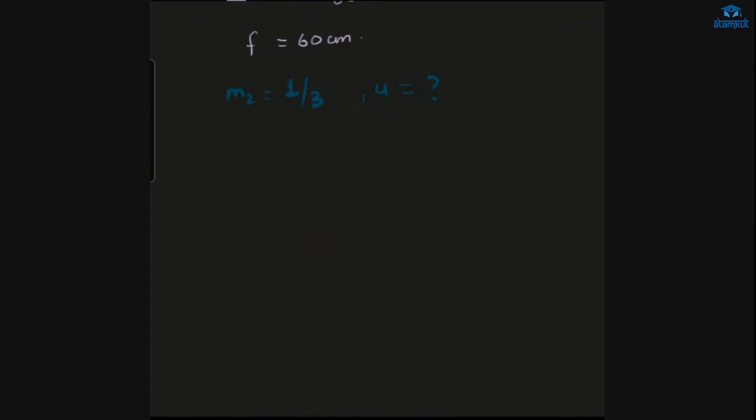So m2 is minus v2 by u2, which is 1 by 3. So u2 will be minus 3 v2. This is the relation we have obtained between u2 and v2.